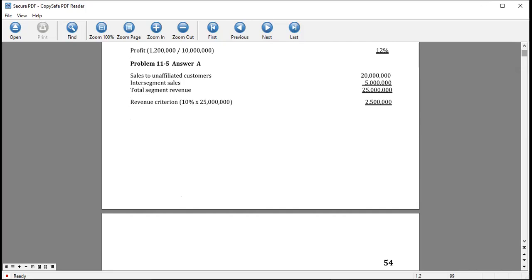Then we have the inter-segment sales equal to 5 million. Now we have sales of 25 million. Now the revenue criterion is at least 2.5 million.